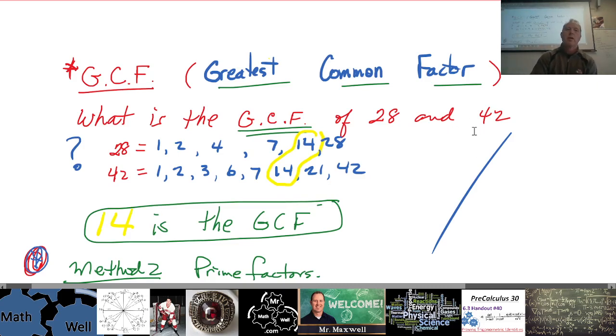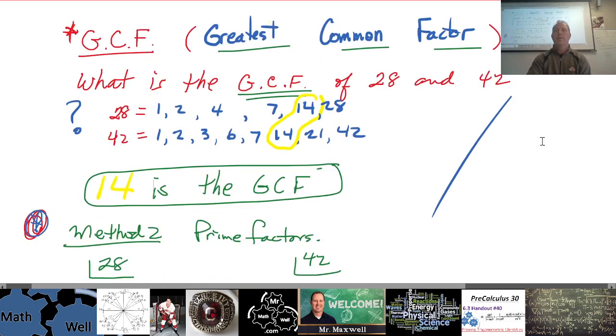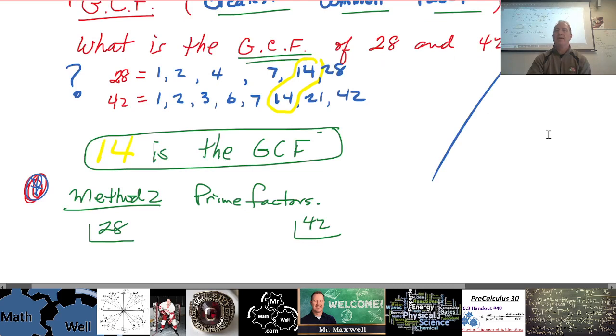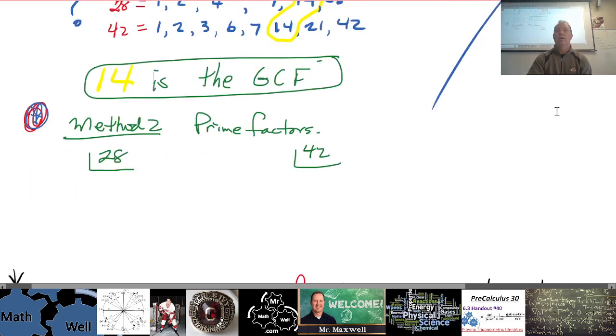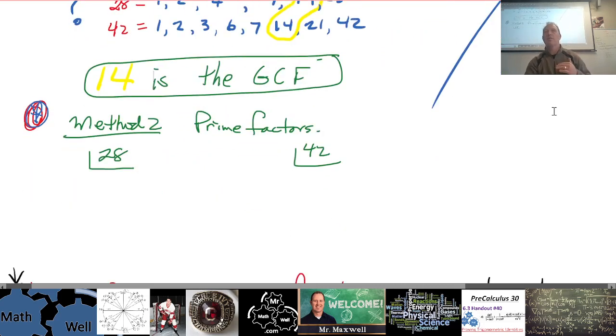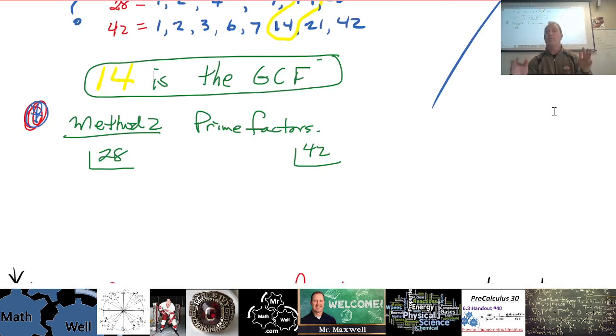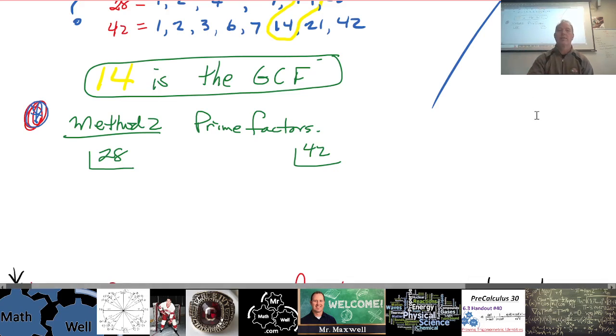Now you can list the factors like that and identify the largest number, but there is a prime factor method. This one's a bit tricky to remember, but if you can use it, oftentimes for larger numbers it will be a little bit easier than listing out all the factors.